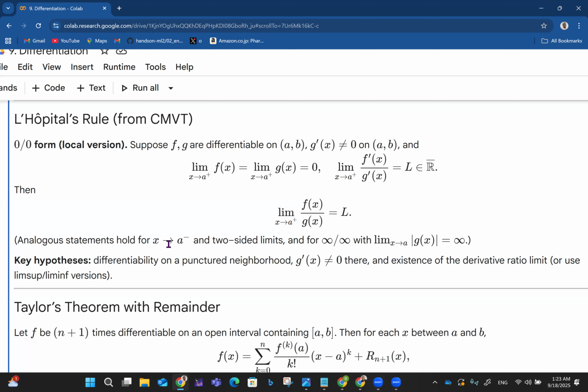Analogous statements hold for x approaching a minus and two-sided limits, and for infinity over infinity with the limit of the absolute value of g of x equals infinity, like that. And we have a key hypothesis here: differentiability on a punctured neighborhood, so g prime of x not equal to 0 there, and existence of the derivative ratio limit, or use lim sup and lim inf versions. Those are some key hypotheses in that realm.